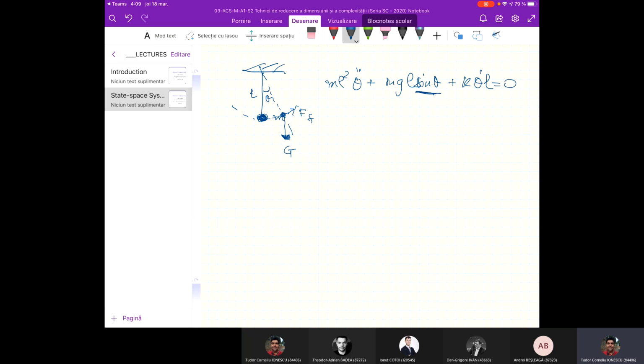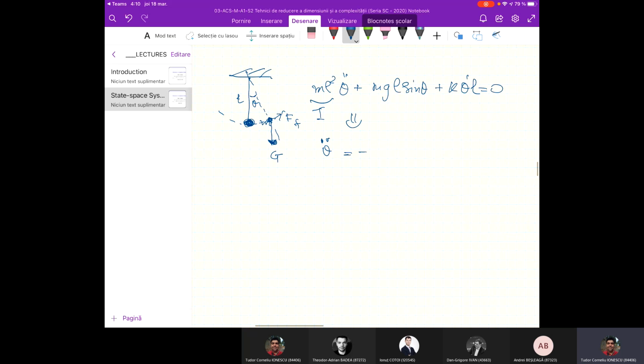This is usually the inertia in movement of rotation, and this is given by the tangential component of the gravitational force. So if we divide the entire equation by ml squared, the pendulum will be governed by this second order nonlinear differential equation.